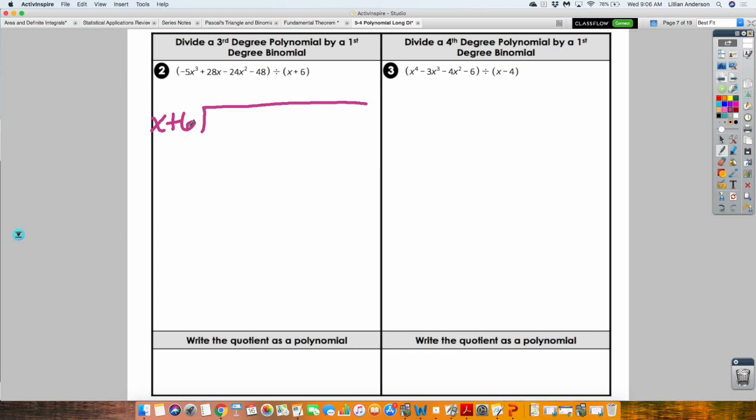It's not in order. Do not have that trip you up. Make sure it's in order, standard form. So it should be negative 5x to the third minus 24x plus 28x minus 48. My big handwriting is not allowing me to be great right now.